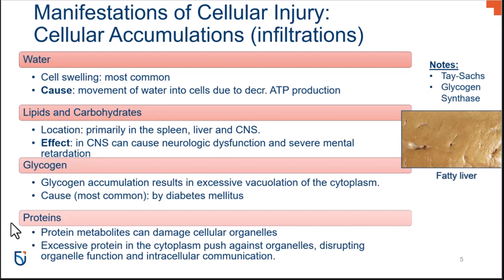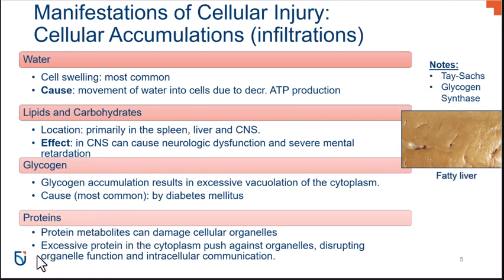So we're starting off with accumulation of proteins, and how do they damage the cell? Well, when we break down proteins, so when the cell attempts to, say, digest some proteins, it's going to produce some metabolites, kind of like waste products when they break them down. And these waste products can be damaging. They constitute enzymes that damage cellular organelles.